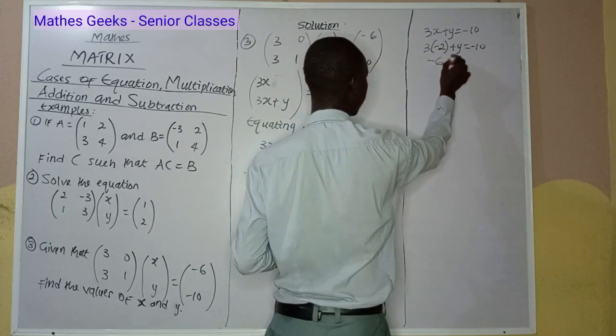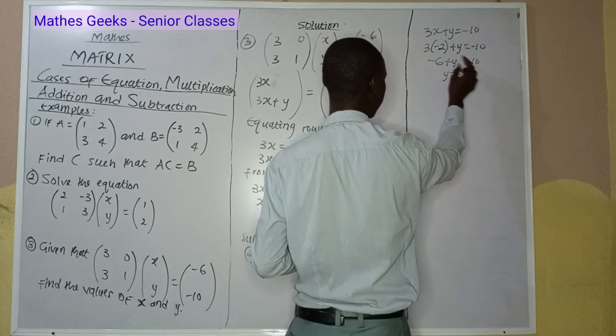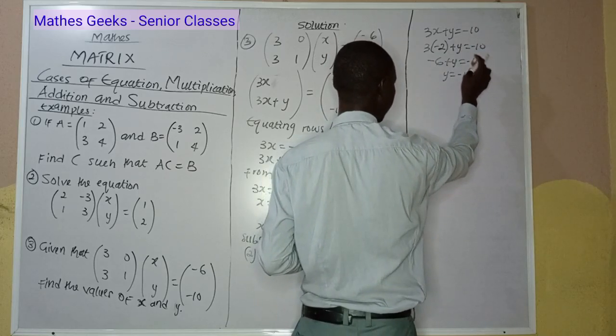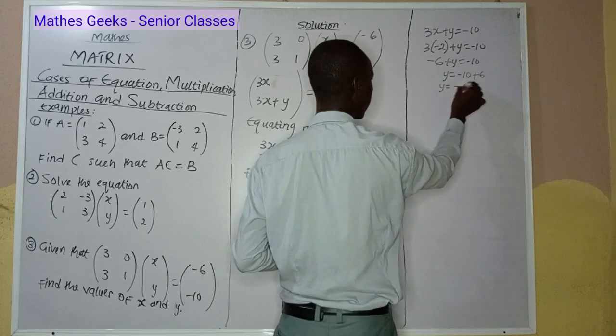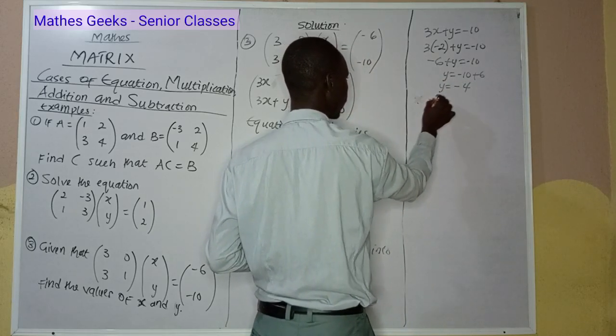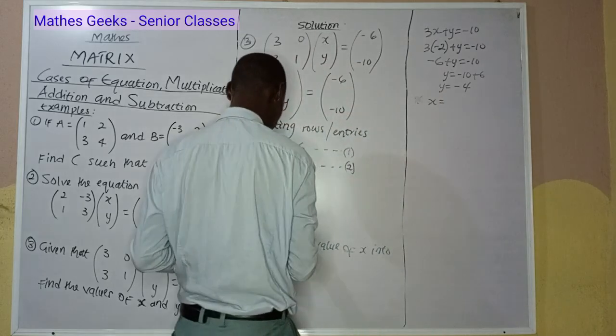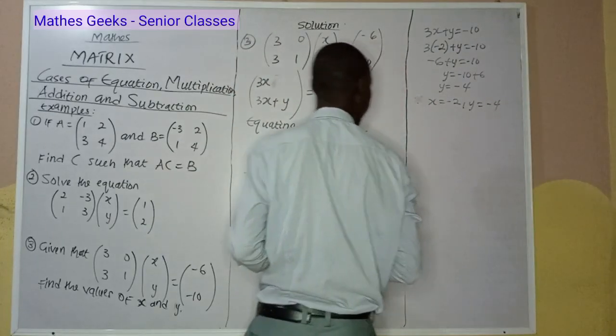So this minus 6 plus y is equal to minus 10. So y is equal to minus 10, minus 6 comes over, cross this sign to become plus 6. So y is equal to minus 4. Therefore x is equal to minus 2 and y is equal to minus 4.